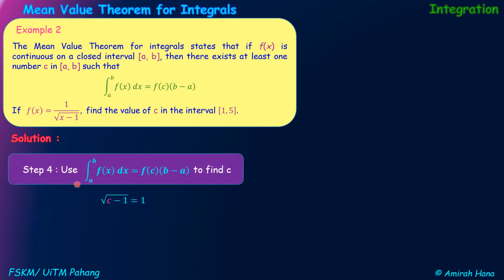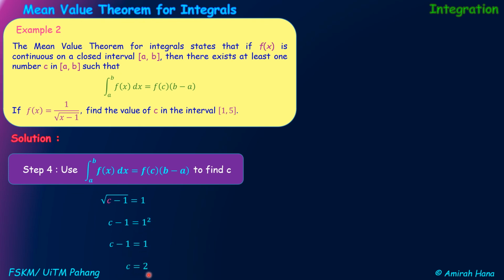From the previous slide, under step 4, we get square root of c minus 1 equals 1. Then we can move the square root to the right-hand side, so we get c minus 1 equals 1 squared, which equals 1.